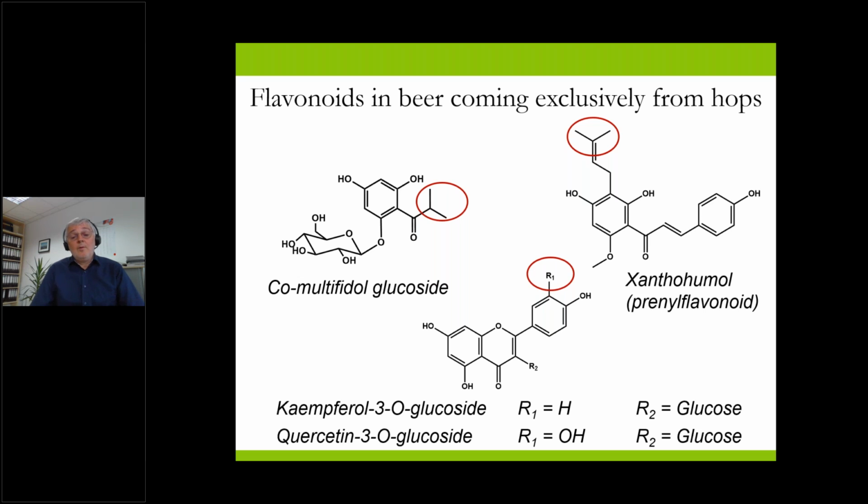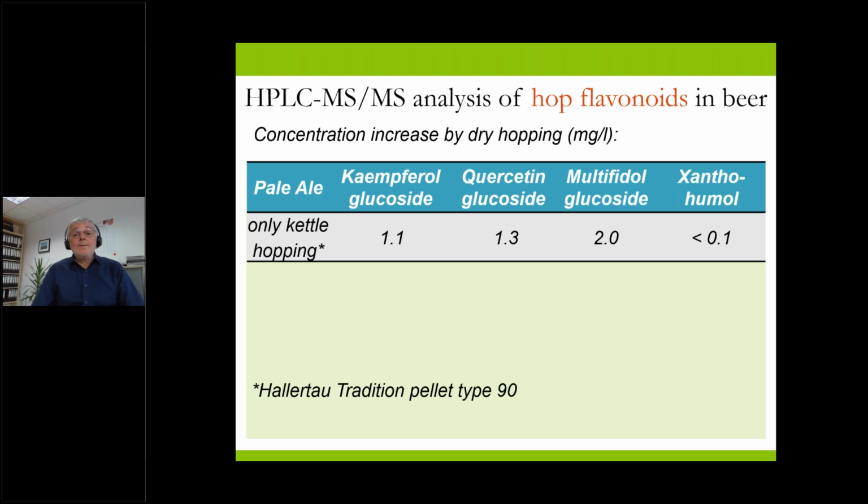And therefore, if you have these compounds in beer, they only can come from hops. And the R2 side chain is the glucose, like for the co-multifidol glucoside, and this makes the compounds better water soluble and so on.